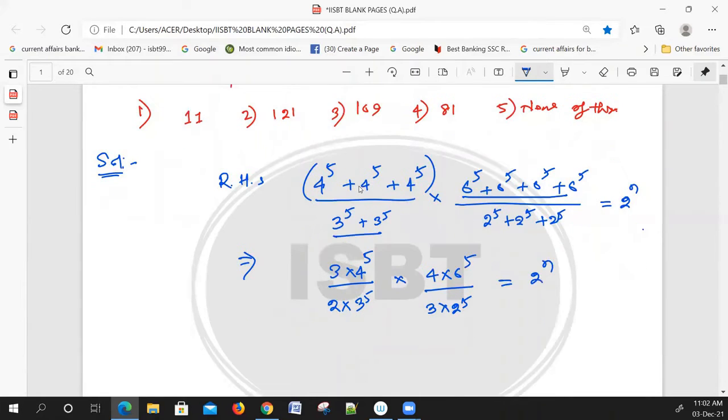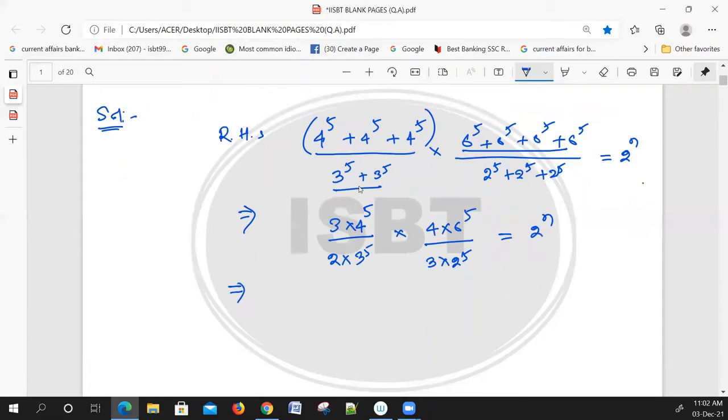Now, the next step. We know that already, since (xy) to the power n is equal to x to the power n into y to the power n, yes or no?